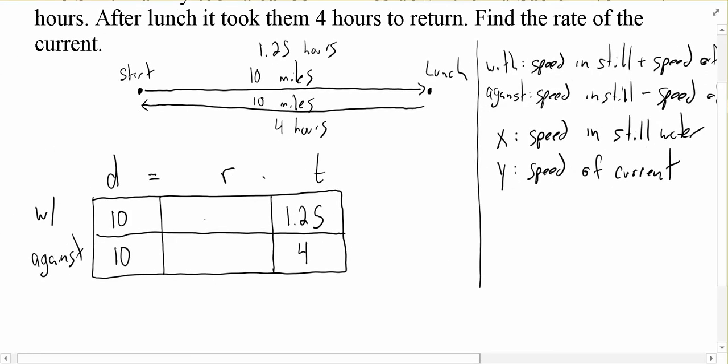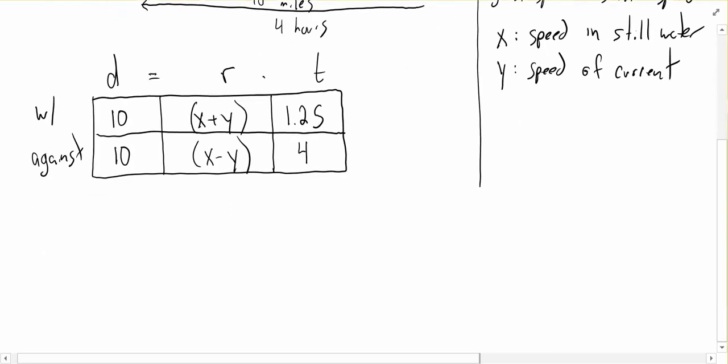What this tells us is our speed when we're going with the current is x plus y, and against the current our speed is x minus y. And this then gives us two equations: 10 equals 1.25 times (x plus y), and 10 equals 4 times (x minus y). We need to solve this system of linear equations in order to get our answer.